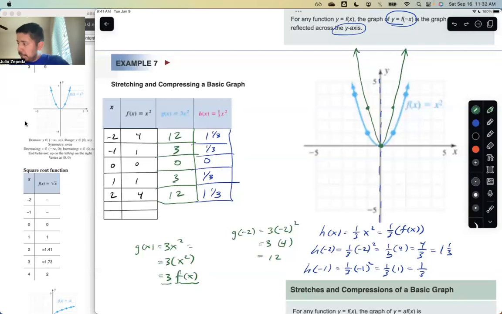And then in blue, I will graph the other. -2, 1 and 1/3 would be somewhere right here. -1, 1/3, 0, 0, 1, 1/3, and 2, 1 and 1/3. Looks like this.